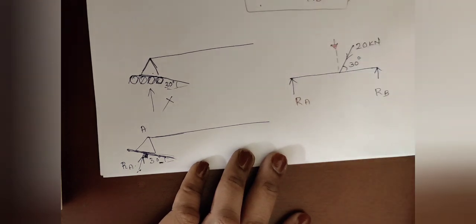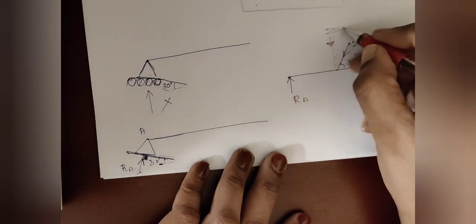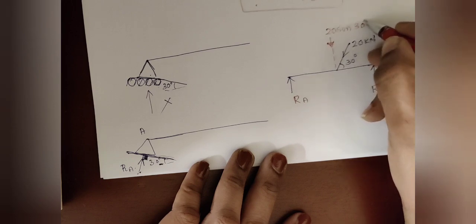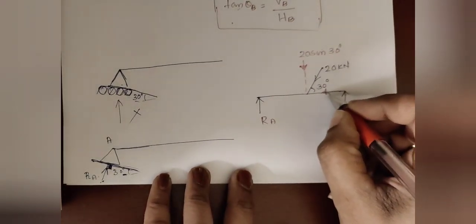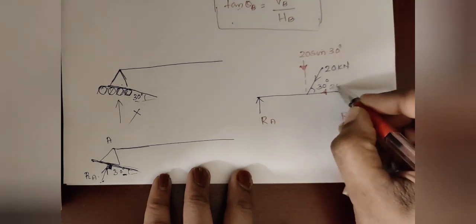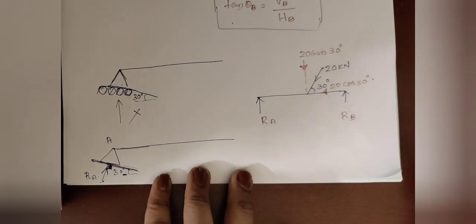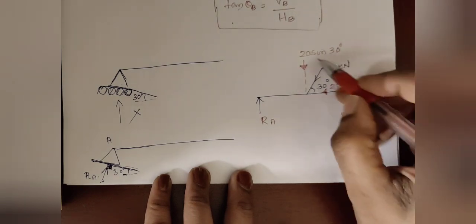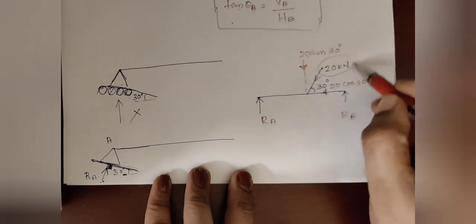So here the vertical component is 20 sin 30 degree, that we have discussed in module 1, and the horizontal component is 20 cos 30 degree. So while analyzing, you have to take these components instead of this force 20.